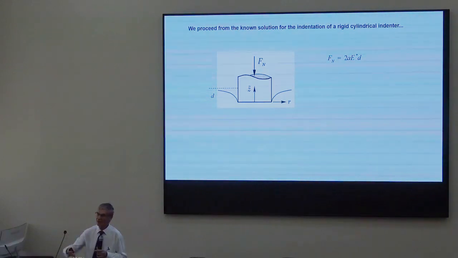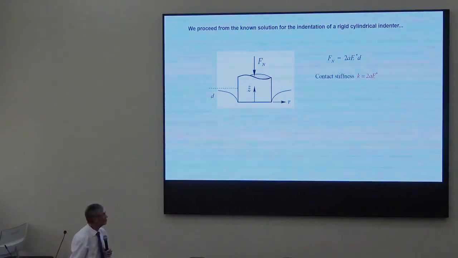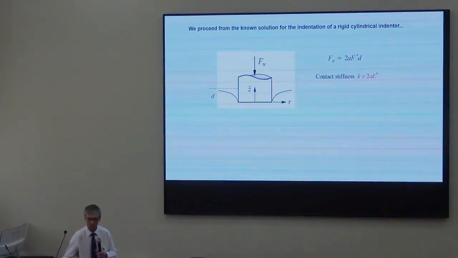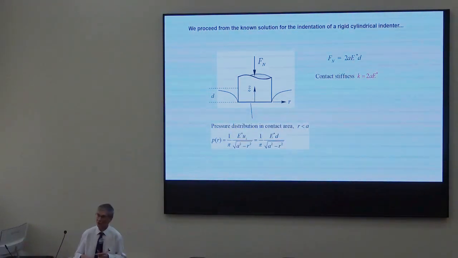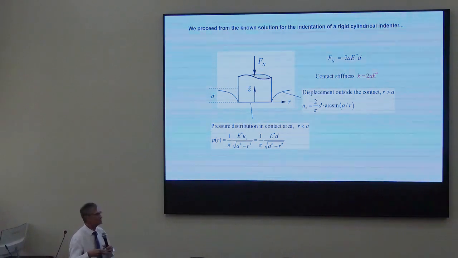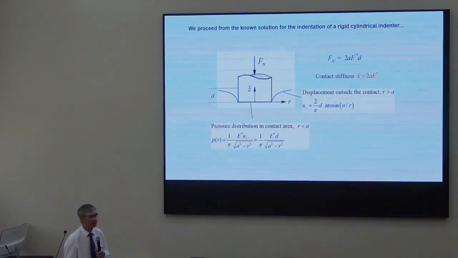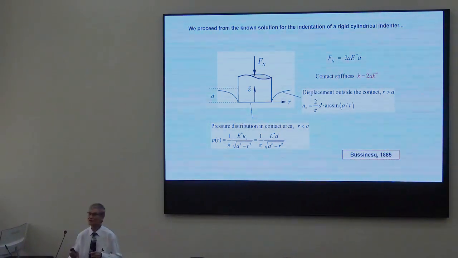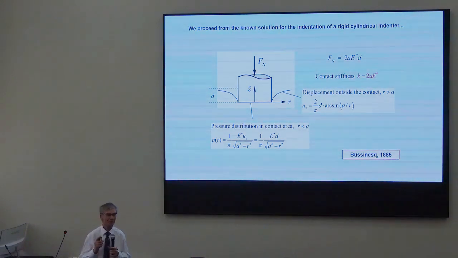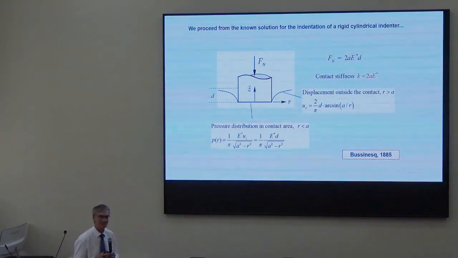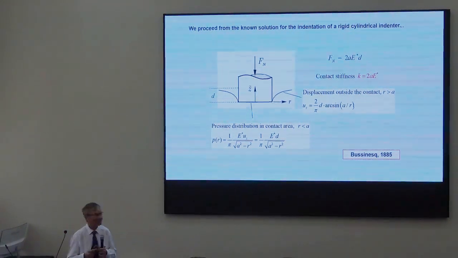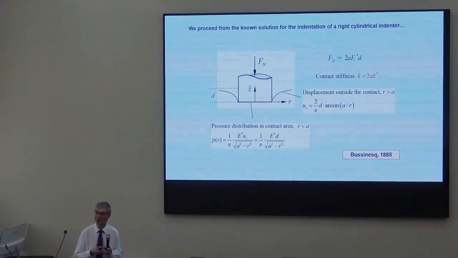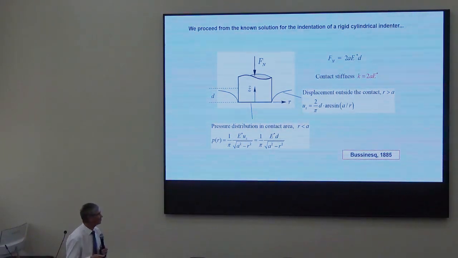The relation between force and indentation, the contact stiffness, which is proportional to the radius, a, the pressure distribution under the punch, the displacement outside the punch, and all this is known since 1885, derived by Boussinesq, 3 years after the well-known paper of Hertz. As a matter of fact, since the very beginning of the contact mechanics.